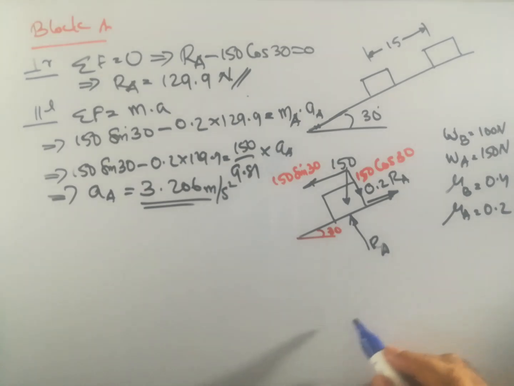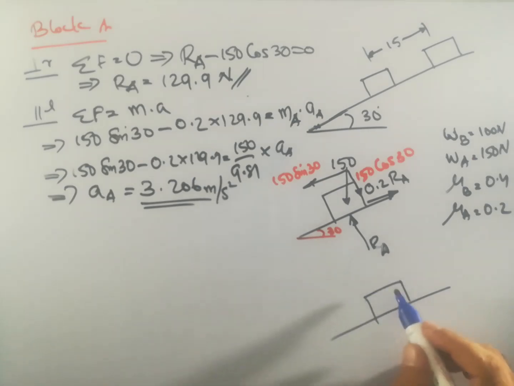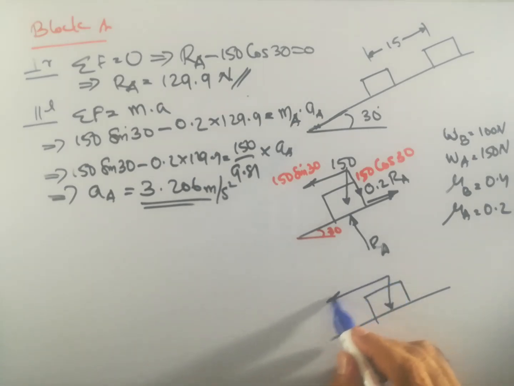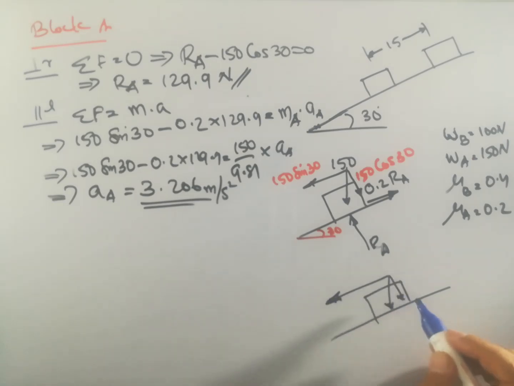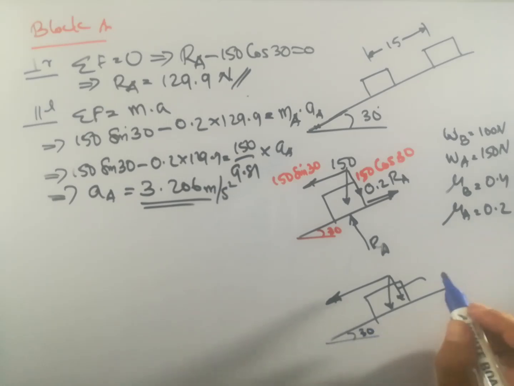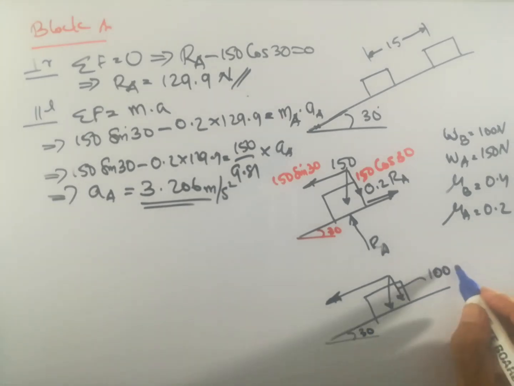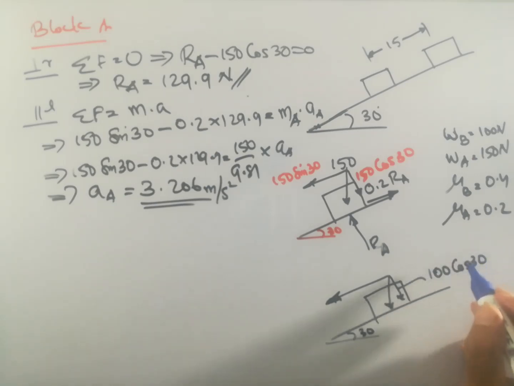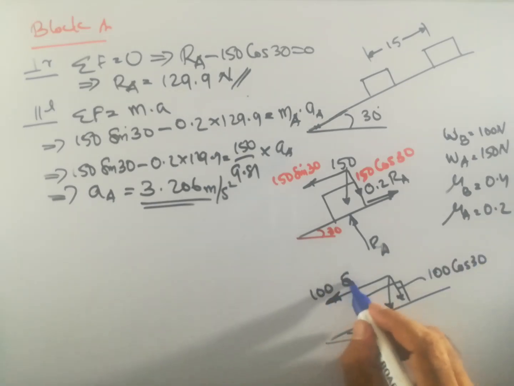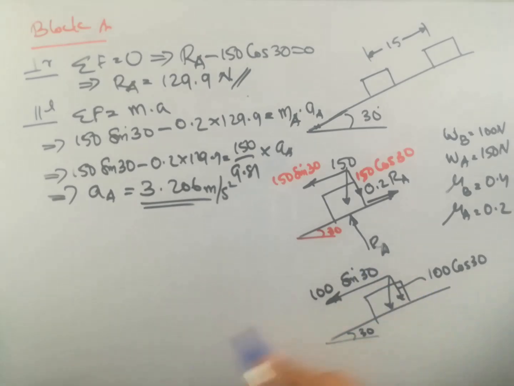Similarly, for block B, the angle will be the same, 30 degrees. Therefore the components will be 100 cos 30 and 100 sin 30, the perpendicular and parallel components.